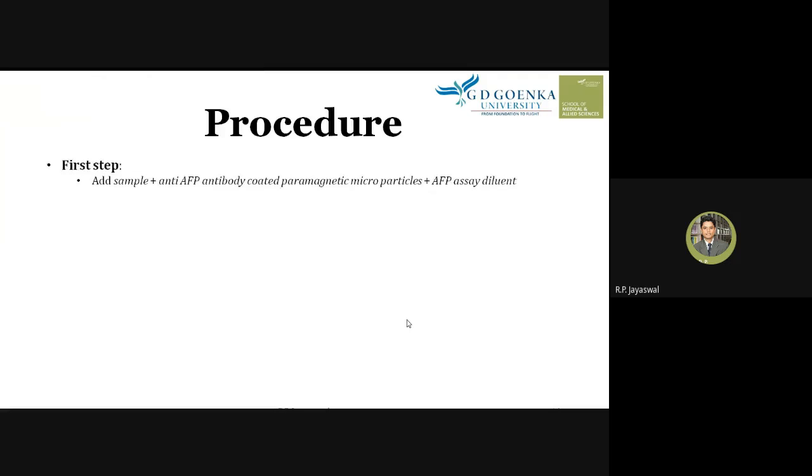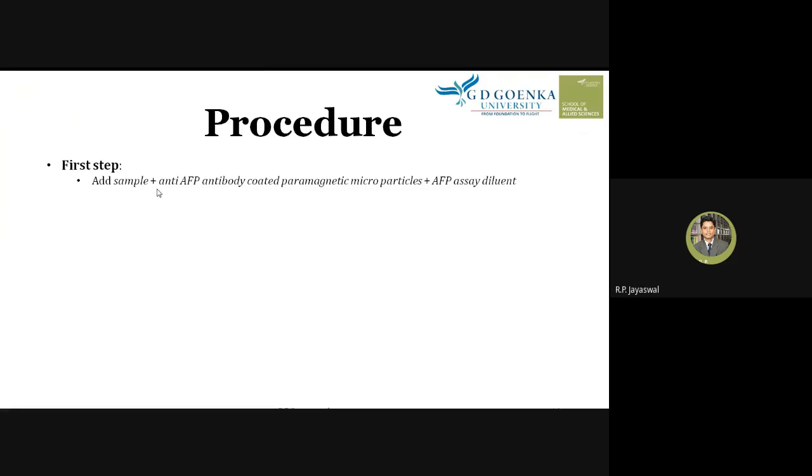The first procedure we can do is add the sample, then the anti-AFP antibody coated paramagnetic microparticles, and then we add the AFP assay diluent. So this is the mixture we need to add first. The sample contains AFP, and this will bind with the anti-AFP antibody, which is the primary antibody coated on the paramagnetic microparticle, right?